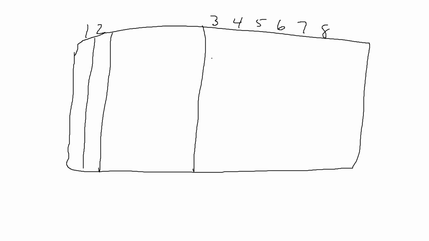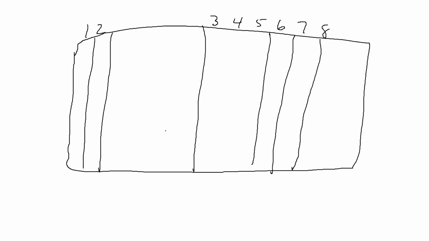So if we look at the periodic table, 1, 2, and we'll do 3, 4, 5, 6, 7, and 8. Super badly drawn periodic table. Sort of like a periodic table if we close our eyes. All right.